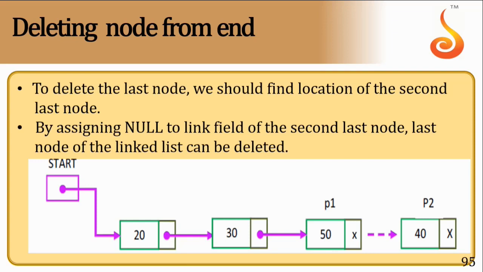You cannot say that this many times you need to jump the current pointer to reach the last node. So reach the last node and the second last node with the 2 pointers P1 and P2. Make the link part of the second last node point to null, so automatically that gets deleted.